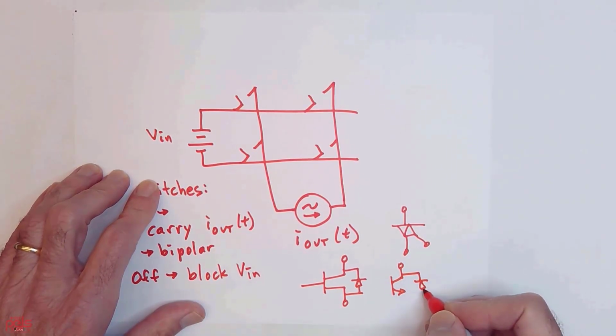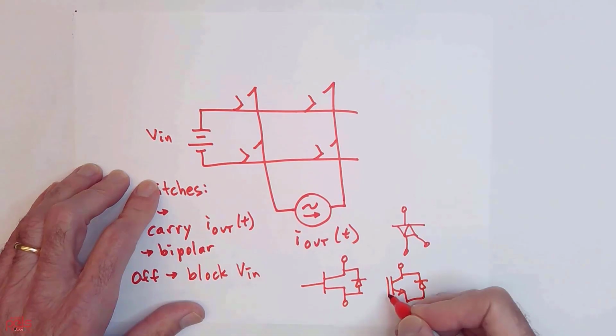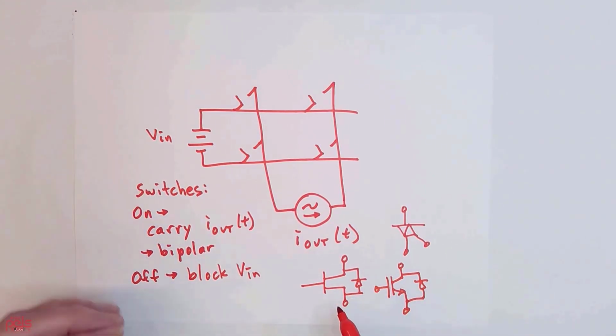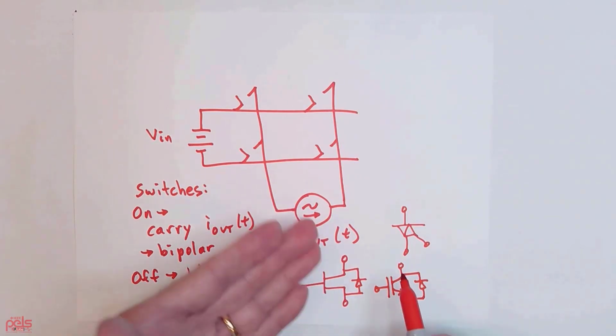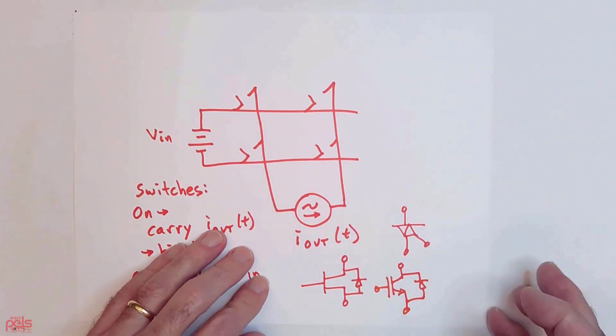So here's the IGBT version of it. There's the FET version of it, right? So it's not hard to implement these switches, find them, and so forth.